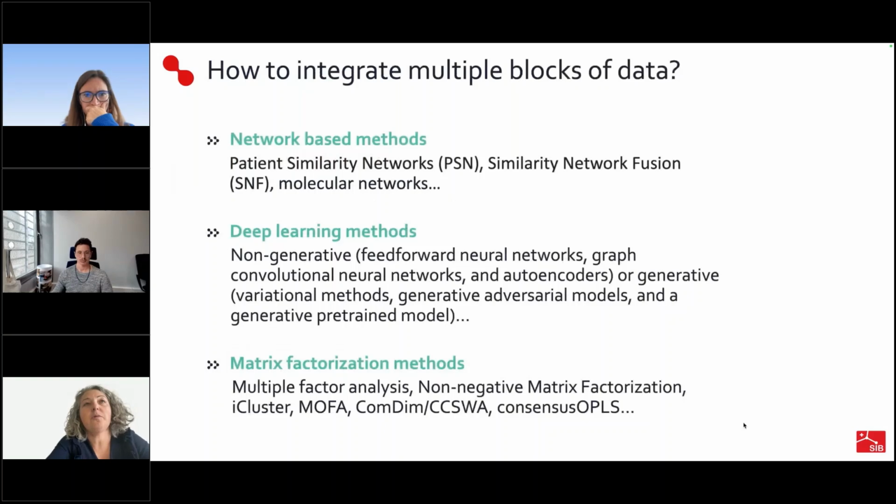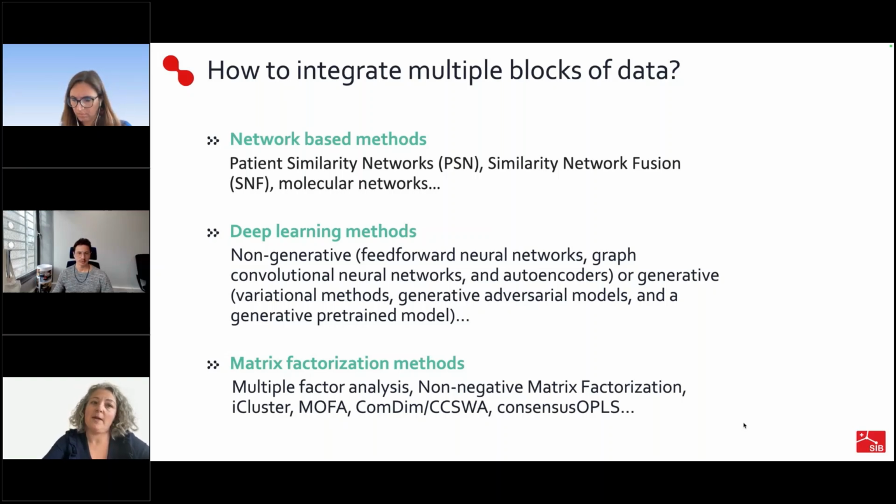So how could we integrate all those multiple blocks of data? There are a lot of different methods, but we can classify them generally in three different families. The network-based methods, which try to integrate different networks of data, for example, similarity network fusion or molecular networks.